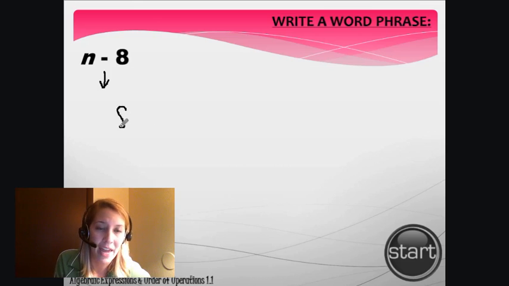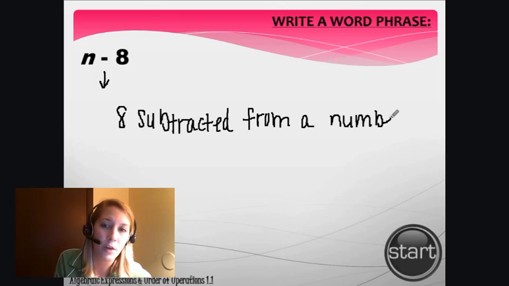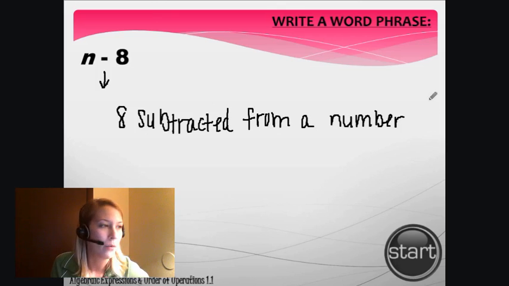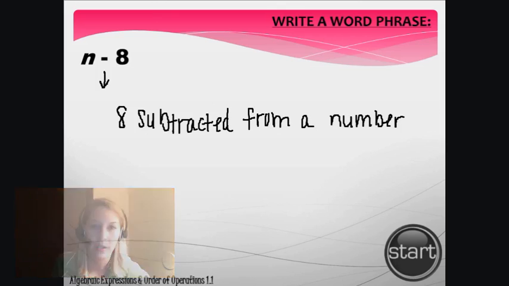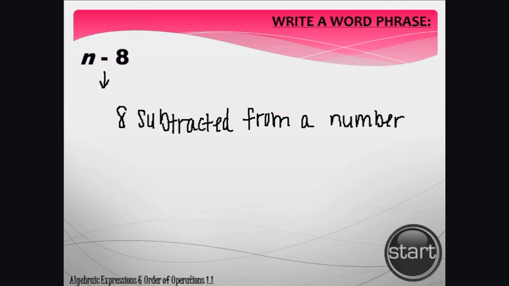So we're going to have 9 subtracted from a number. And if I go back to the chart that I showed you earlier, in the subtraction section, we could have also written it as 9 less than a number. Whichever way you feel most comfortable with is fine with me.